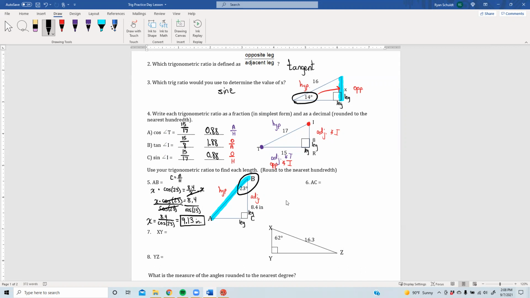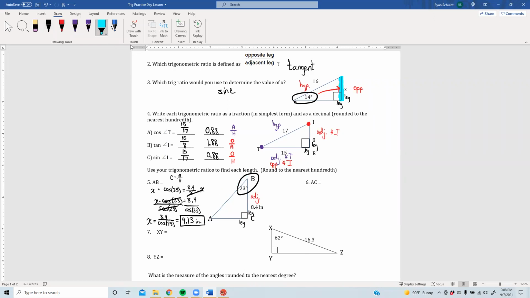Okay, so now they want us to find AC. They want us to find AC. So I'm not going to need the hypotenuse anymore. I still need the adjacent.